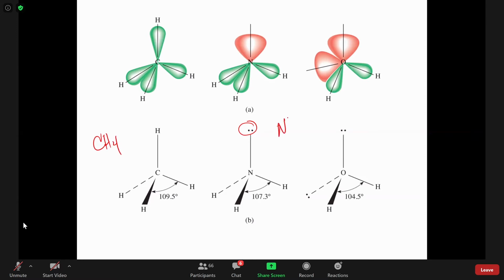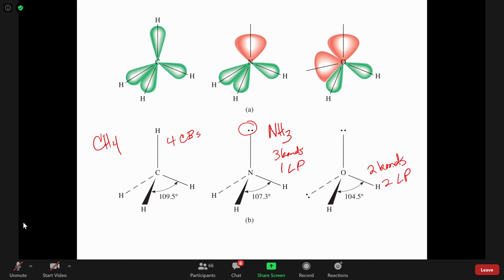Here for NH3, we have 3 covalent bonds, 1 lone pair. Oops, 4 covalent bonds. And then over here we have 2 bonds and 2 lone pair.